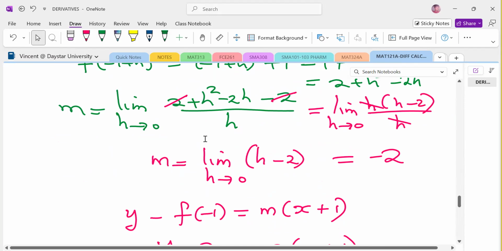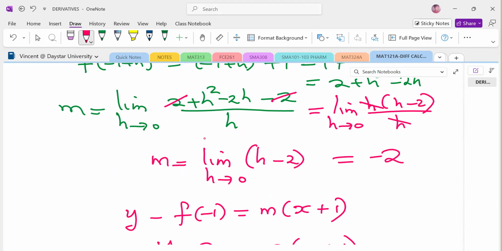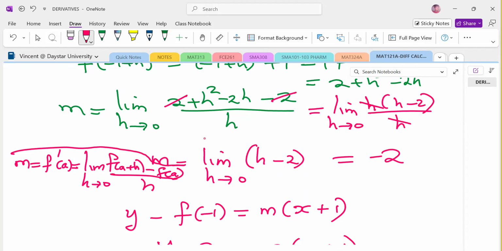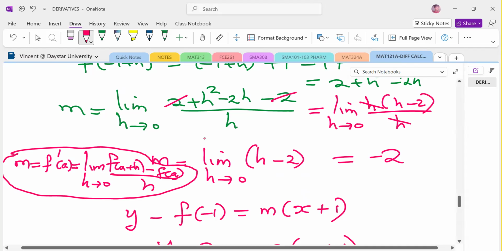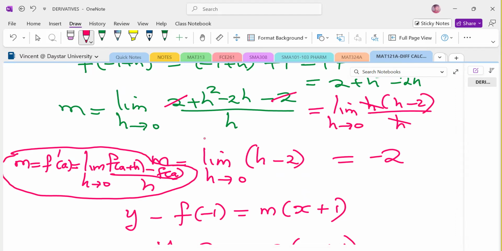So we are using the definition that the slope, which is the same as the derivative at the point, is limit as h approaches 0 of f of a plus h minus f of a divided by h. This is the definition we gave in the previous class on how to find the slope of the tangent, or simply the slope of a curve at a point x equals to a. So the thing we are calling h is a small change in x.